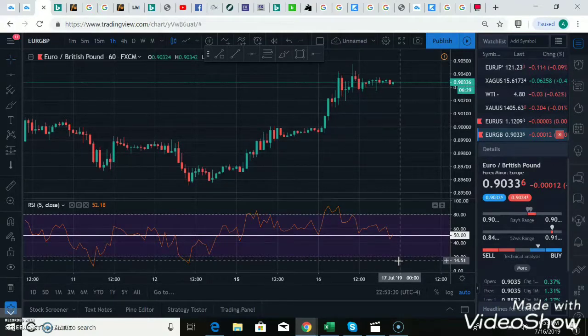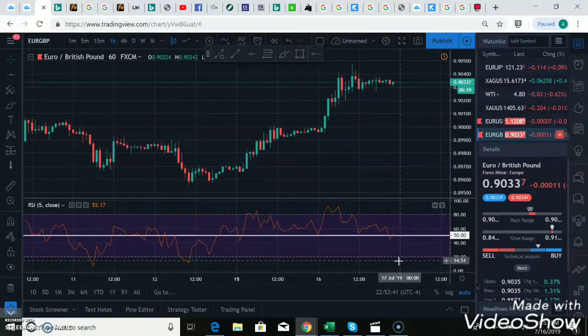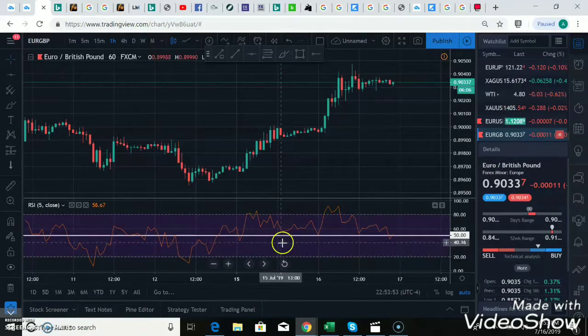Now, there are other strategies and indicators we're going to use to confirm that it's on an uptrend. We're not going to only use one indicator, which is the RSI, but we have determined that it's on an upswing, it's going up. So that's the first thing we do. The trend is up, so we'll wait for the RSI when it's going up.